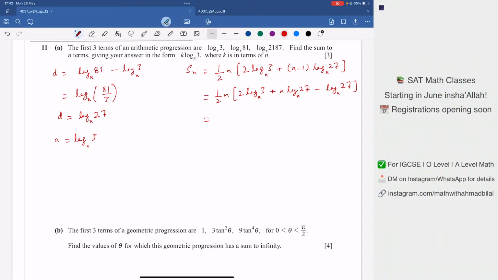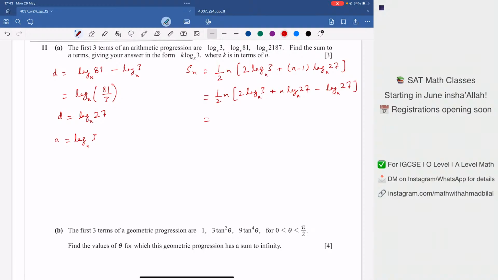Okay, let's simplify this. How do we simplify this further? Can we take n common outside? We can't, we can't take anything common outside. We have to convert it to a single log, right? And inside we should only have 3.